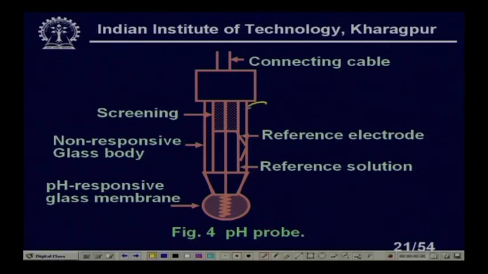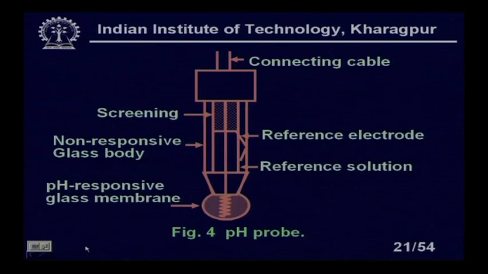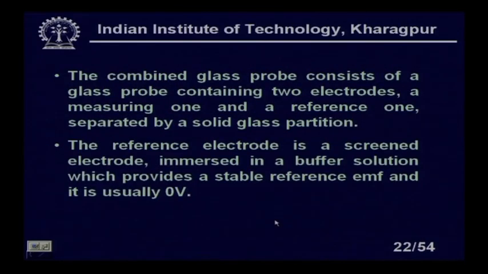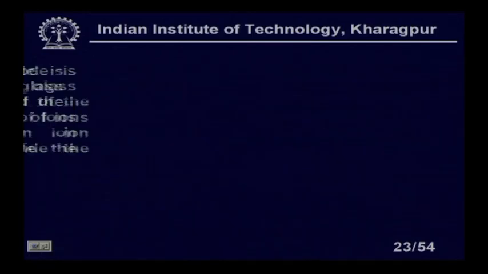Here we have a solution, that is a buffer solution. So, there is a reference electrode, fine. The reference electrode is a screened electrode immersed in a buffer solution, which provides a stable reference EMF, and it is usually 0 volt, right, no problem, fine.